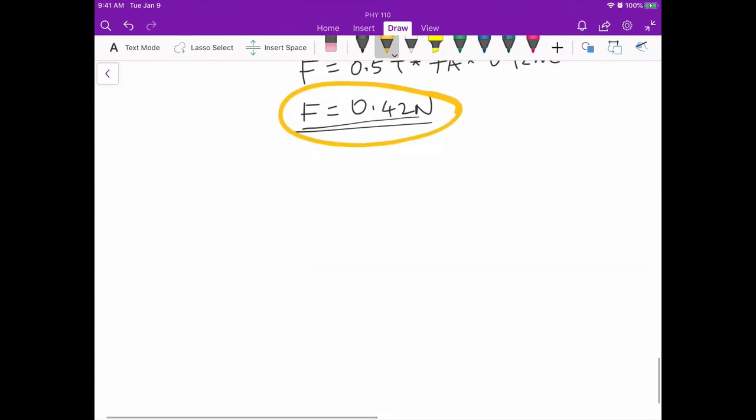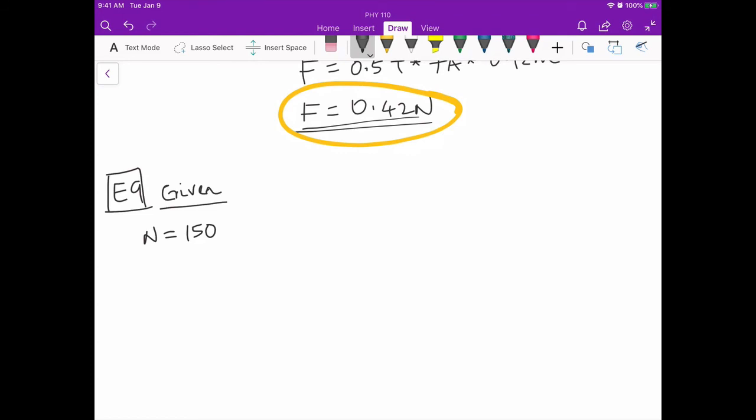One last problem, E9. E9 states a coil of wire. Now this is a magnetic induction probe. The coil of wire has how many loops? It says 150 turns.